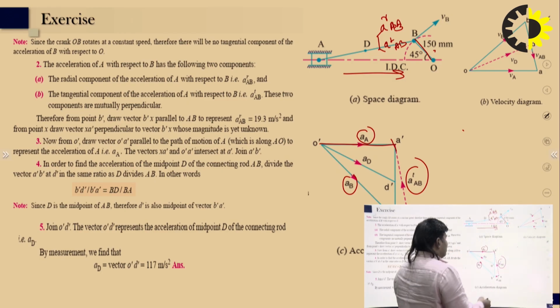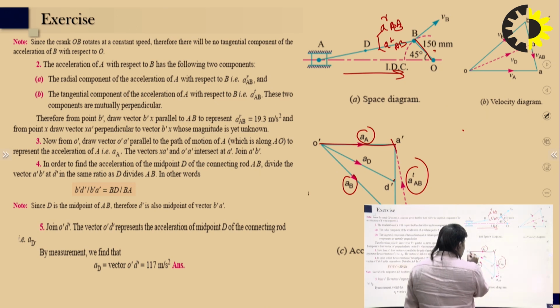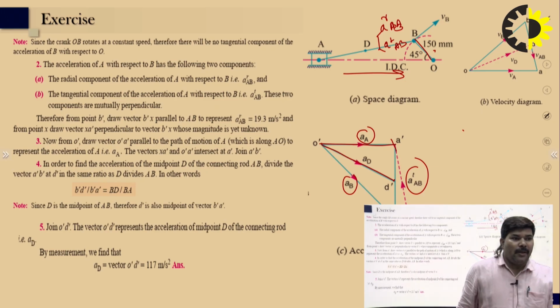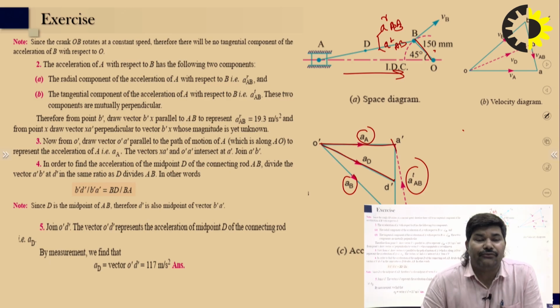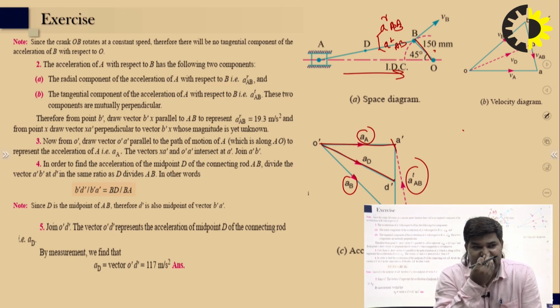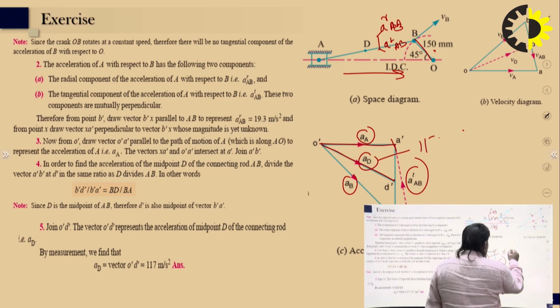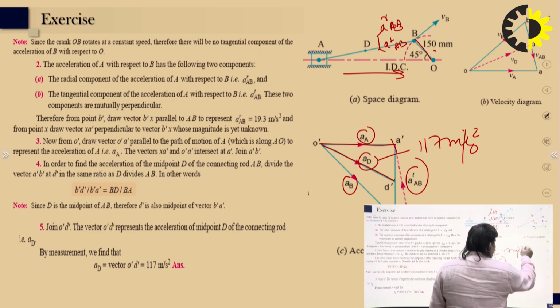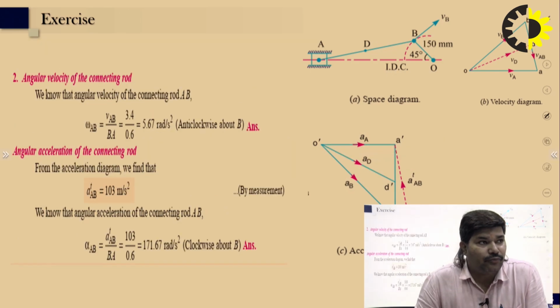You can measure the acceleration of D by measurement, that is the vector O dash D dash. This value becomes 117 meter per second square. That is the acceleration, right? So the first part is completed.